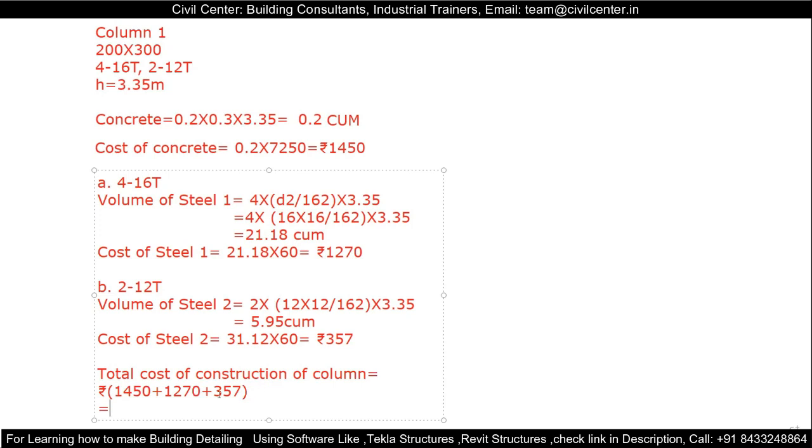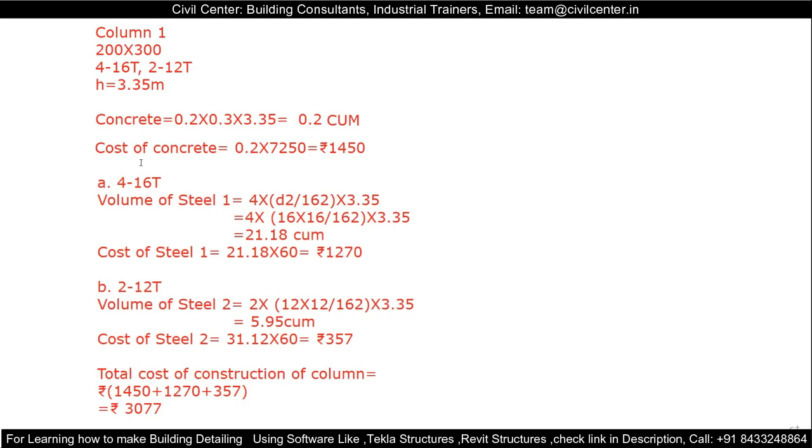So that will be how much? Let's add it. It's 1450 plus 1270 plus 357. So we are getting 3077. So this is the total cost of construction over here.